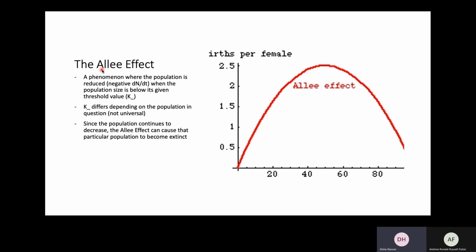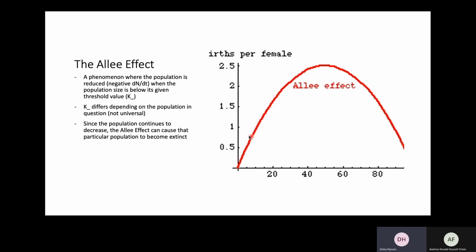And then the next thing we're going to talk about is the Allee effect. So this is a good depiction of that. I don't know why I cut off the B in births per female, but you can imagine that that's there. The Allee effect is a phenomenon where the population is reduced when the population size is below a threshold value, which we called K underscore, or like K dash or something.